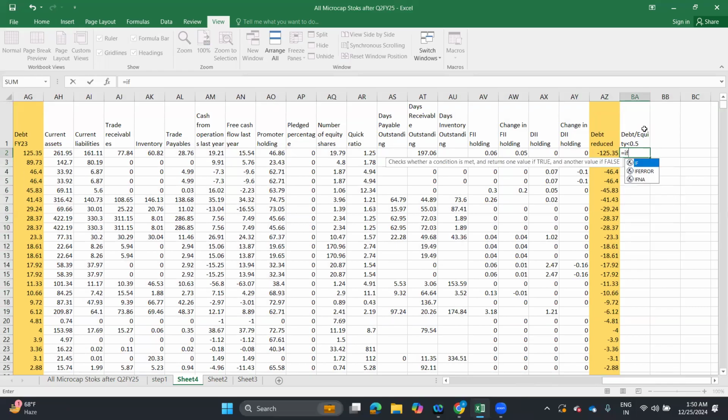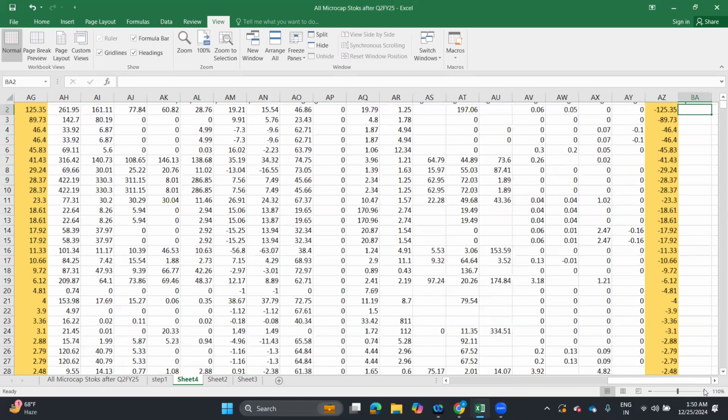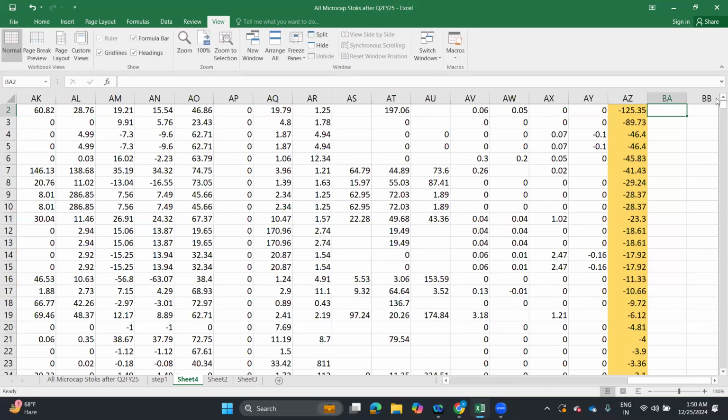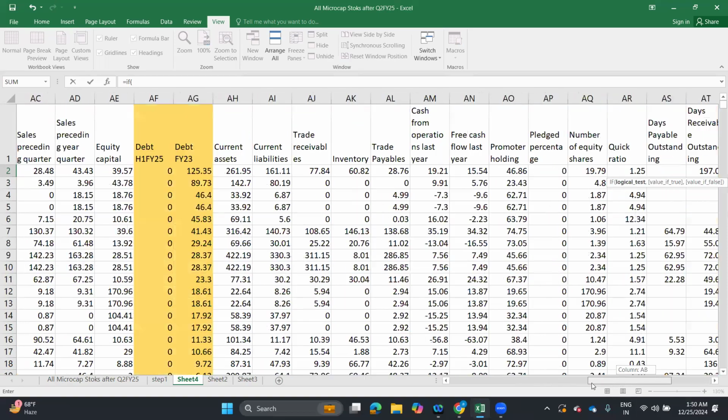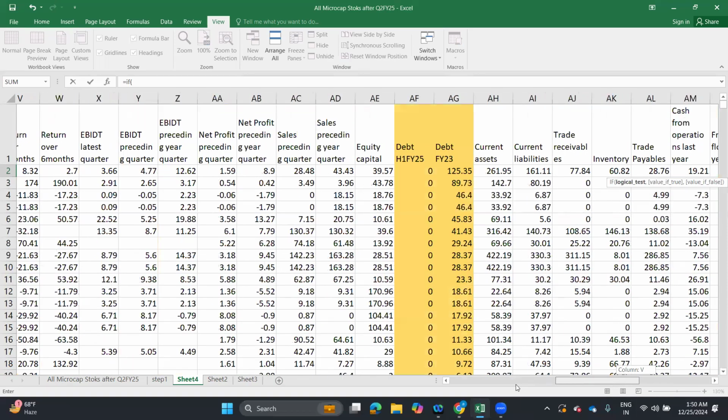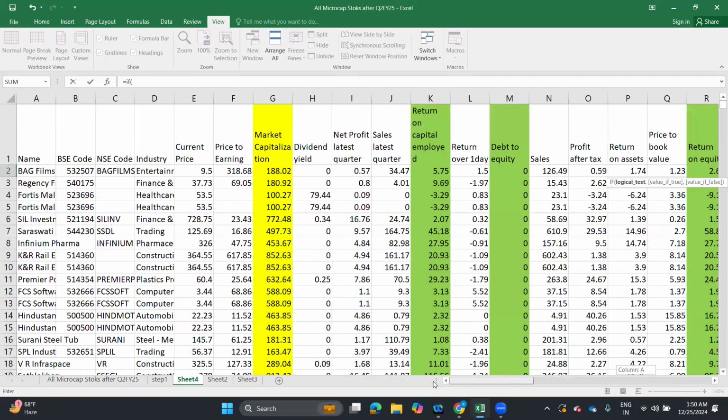Let me make it even bigger. Here is the debt to equity.